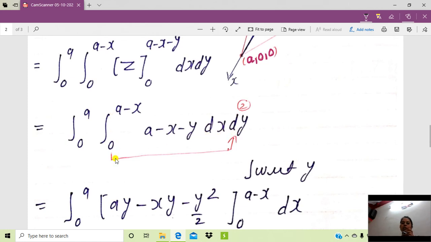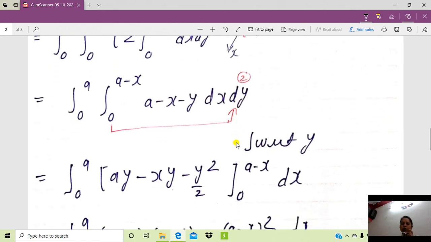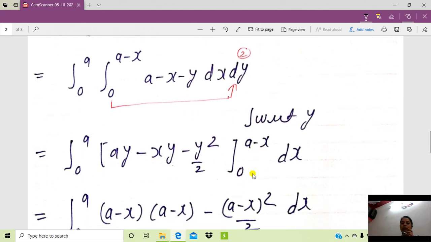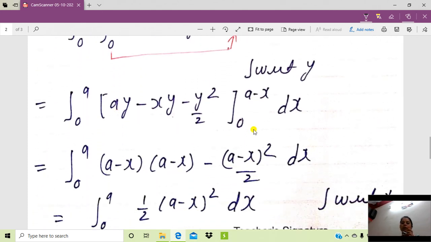And now since y has variable limits, the next integration is integration with respect to y. If we integrate with respect to y, keeping x as constant, and a is also constant, the integration will be ay minus xy, and the integration of y will be minus y square by 2, and the limits are from 0 to a minus x. Now we will again apply upper limit minus lower limit in place of y.